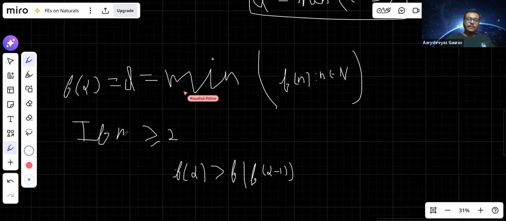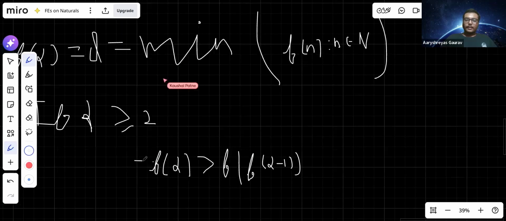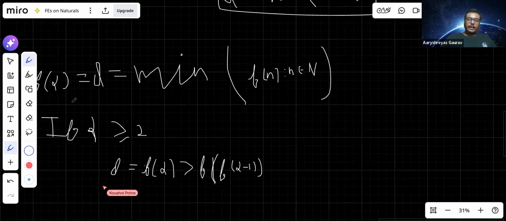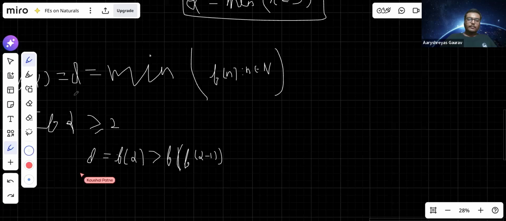I'm assuming that alpha is greater than or equal to 2, and if I write this, I know that this is D, and there's another f which is less than D. And I initially assumed that D is going to be the minimum.